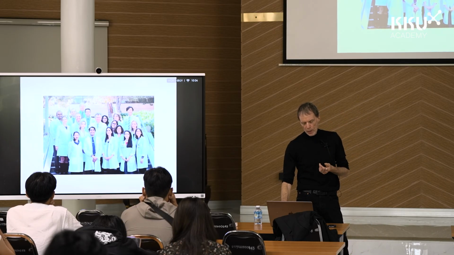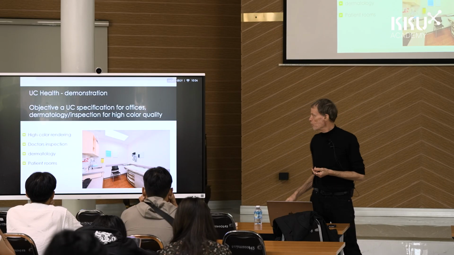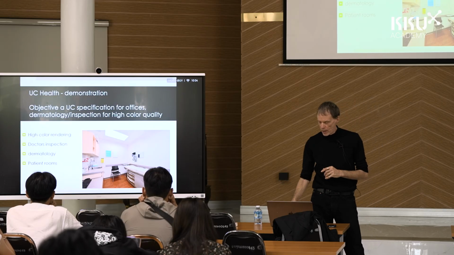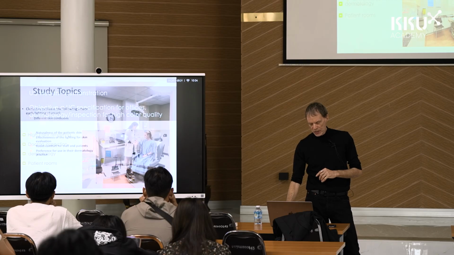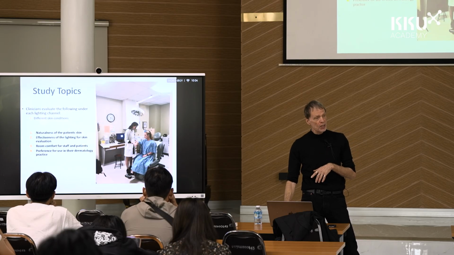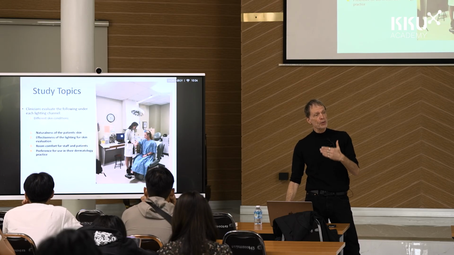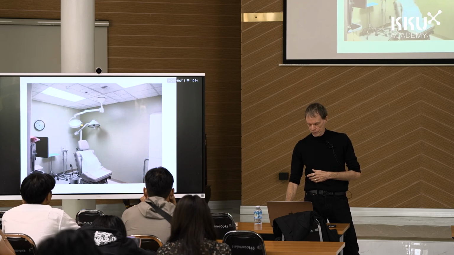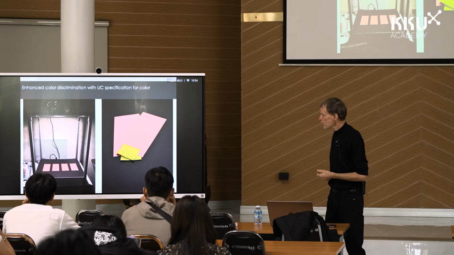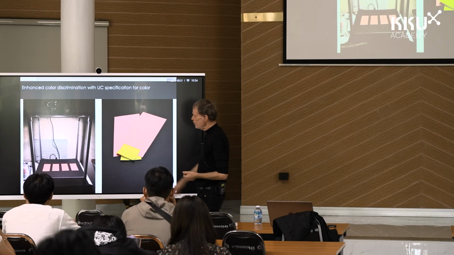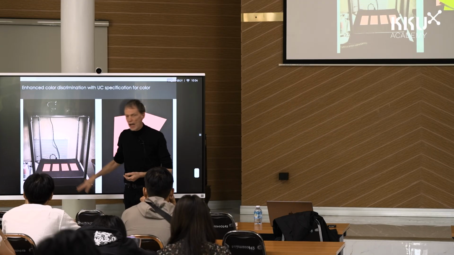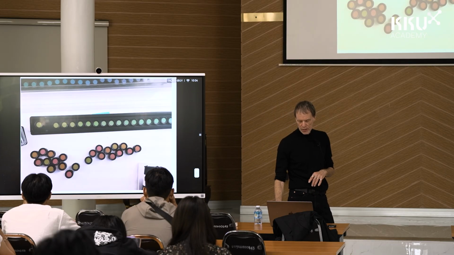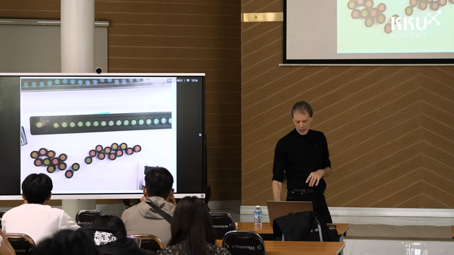So I've been working with medical professionals on this, and we've been experimenting in doctors' offices with high color rendering lamps. We did a big study on this in dermatology, and now the standard for hospitals in California is high color rendering lamps. This is basically looking at different skin tones and how the light source works relative to skin. And it's all based on these kinds of studies.